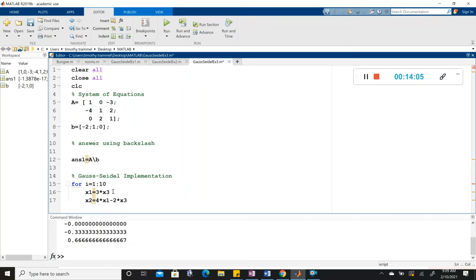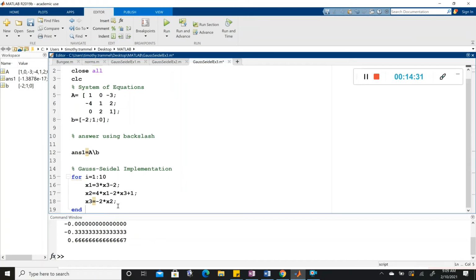I should have a minus 2 over here and a plus 1 here. Okay. And then next I'd have x3 is equal to minus 2 times x1. And actually that should be x3 is equal to minus 2x2, and then the b is 0. Okay. Let's go ahead and end this.